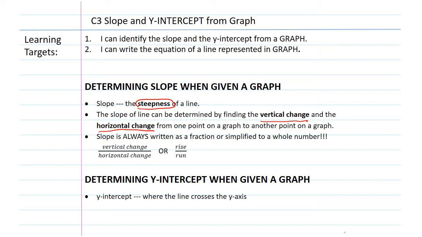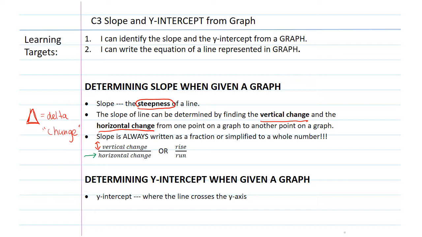Okay, so the vertical change is always the up or down movement, and the horizontal change is, we're looking at moving to the right. Or that's the rise, which is the y-axis, over the run, which is the x-axis. The symbol delta, a triangle, this is the Greek symbol delta, and what it means is change.